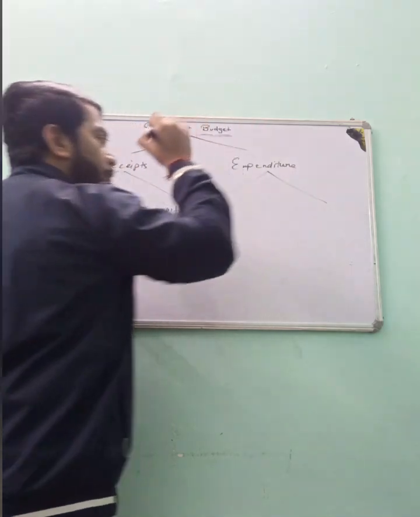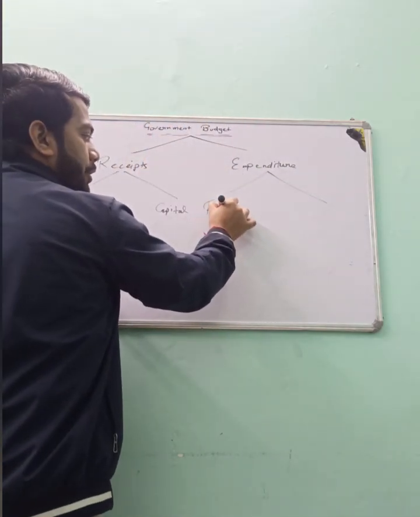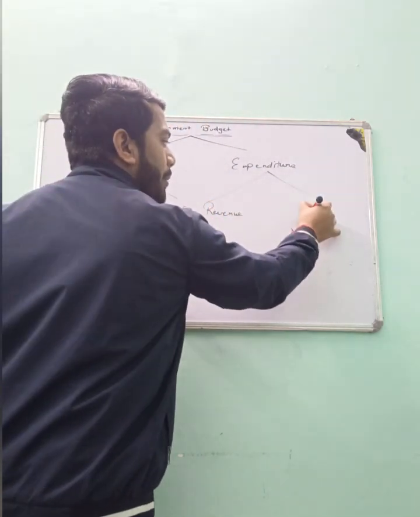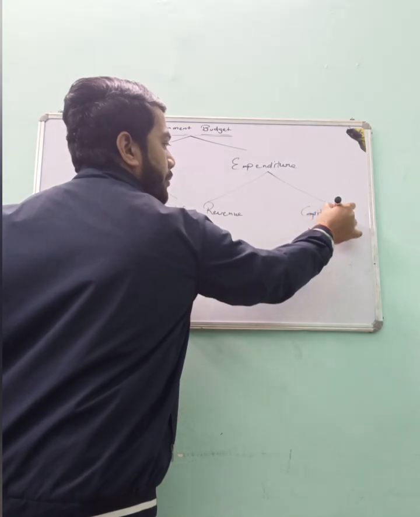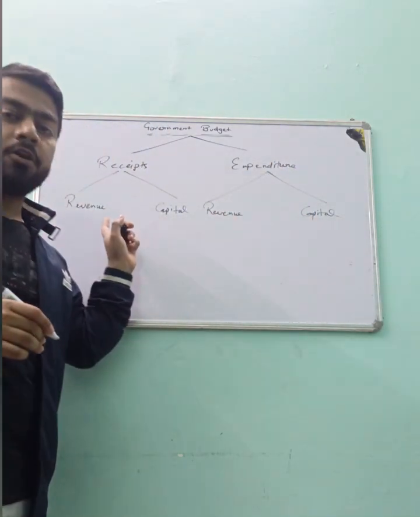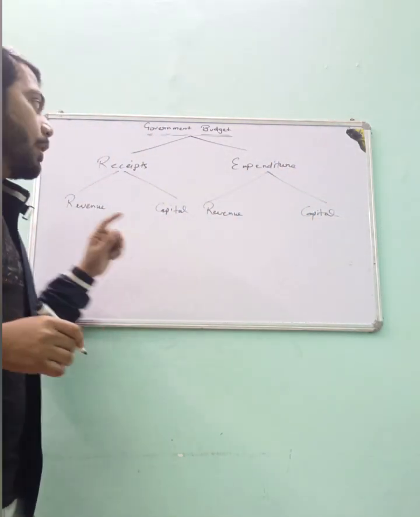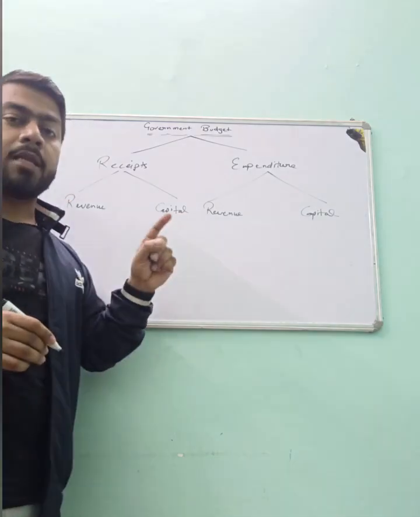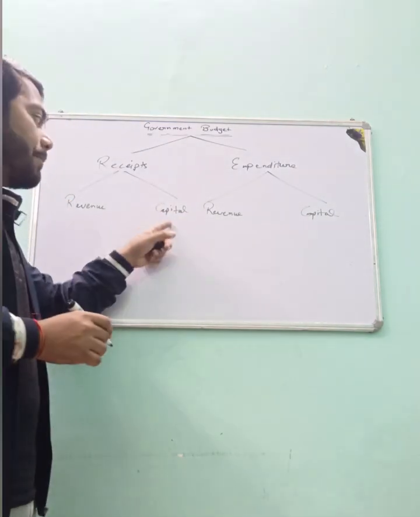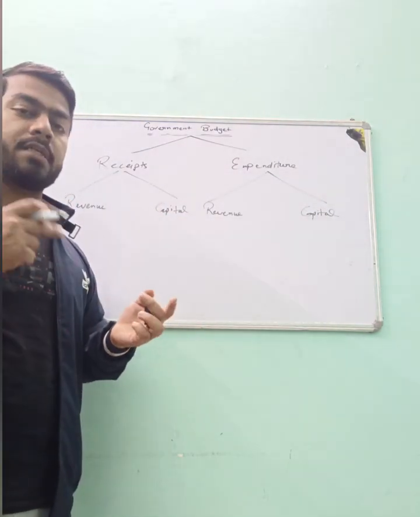Expenditure is also divided into two parts, revenue expenditure and capital expenditure. Now we know the meaning of revenue and capital. Revenue does not affect balances of assets and liabilities, and capital does affect balances of assets and liabilities.